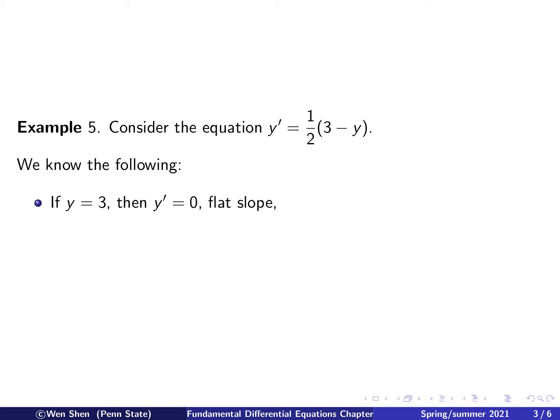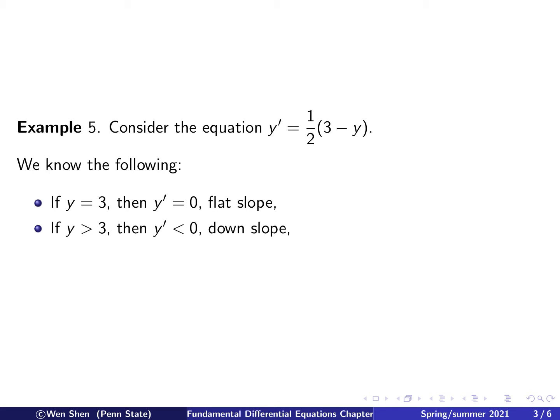Okay, now let's follow the previous discussion and analyze the three situations. So first, when will y prime be 0? We see that when y equals 3, y prime is 0. So wherever in the yt plane y equals 3, the directional field will have flat slope.